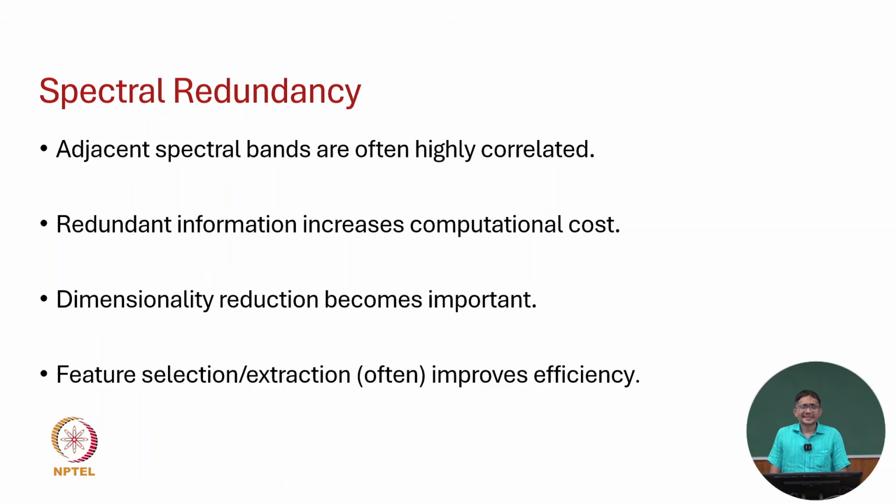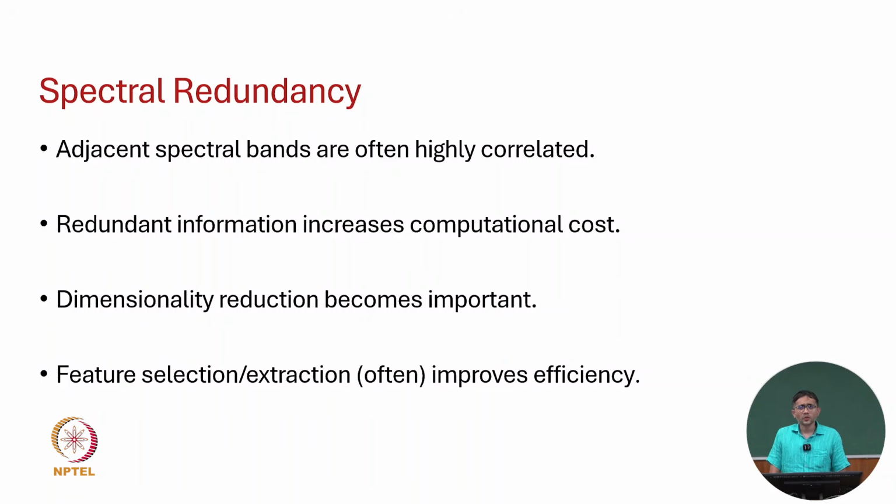So with this rich spectral information in hyperspectral images, what we also see is spectral redundancy. Adjacent spectral bands are often highly correlated, and this redundant information may increase computational cost.